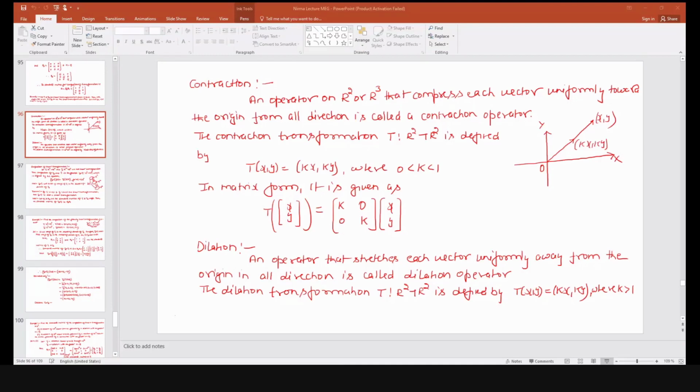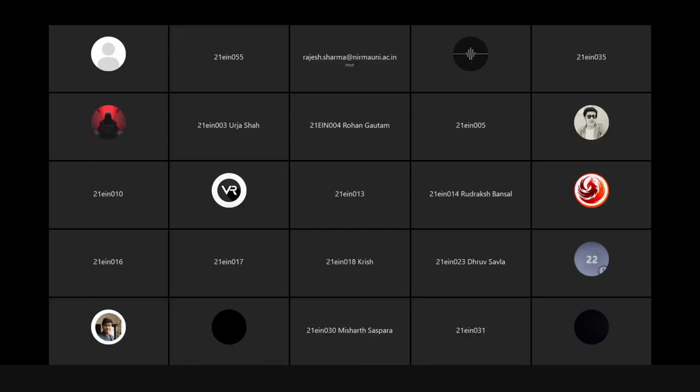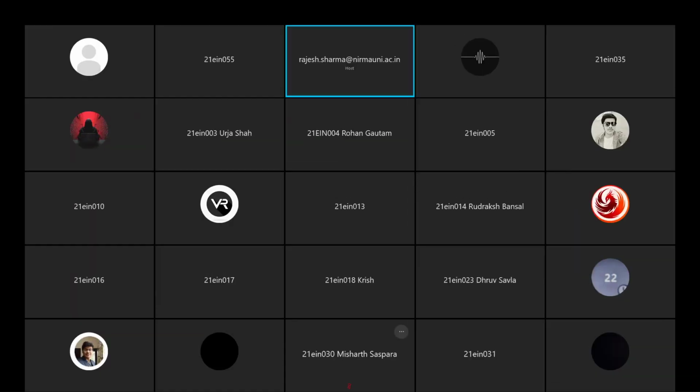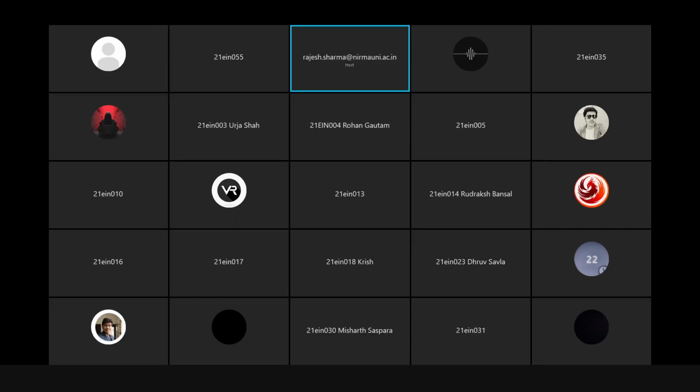Hello. Yes, sir. Is it clear? Can you read this composition of linear transformations? Okay, I think I have not shared. I have stopped sharing. Now I'm trying to share it again. Now is it visible?